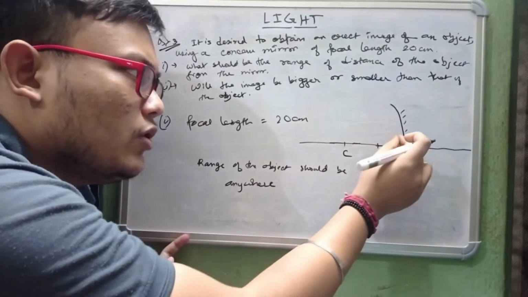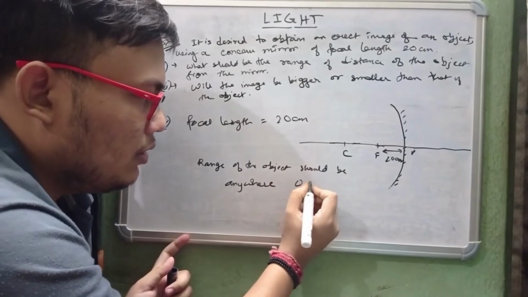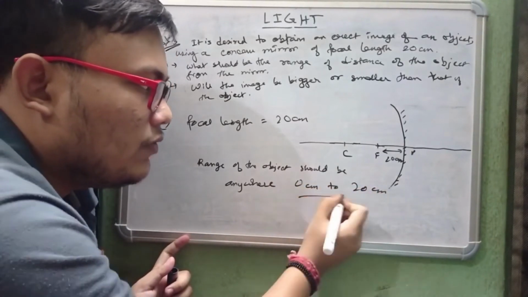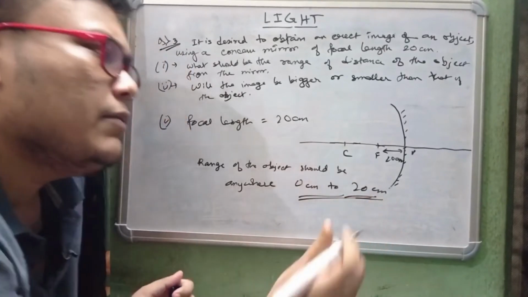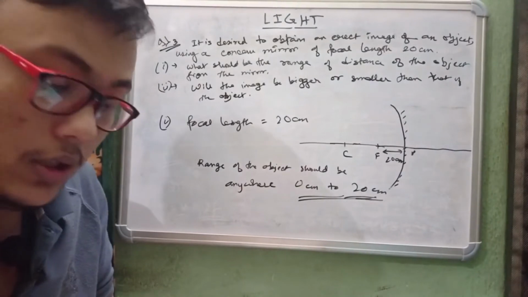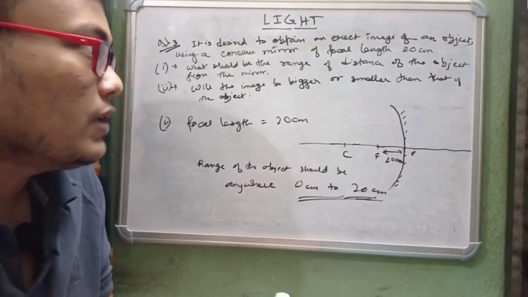That is anywhere between 0 centimeters to 20 centimeters. It can be anywhere between the focus and the pole. So the range will be 0 to 20 centimeters.